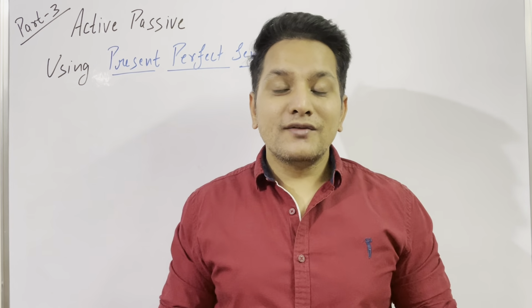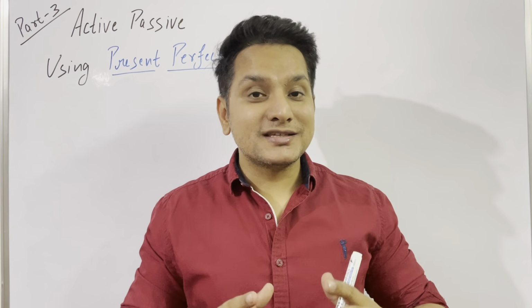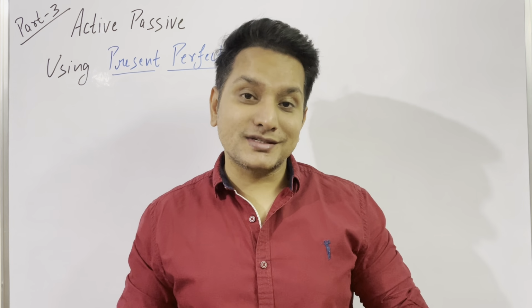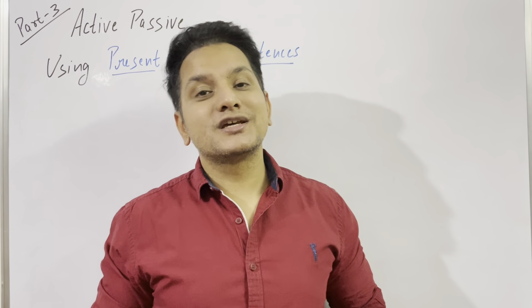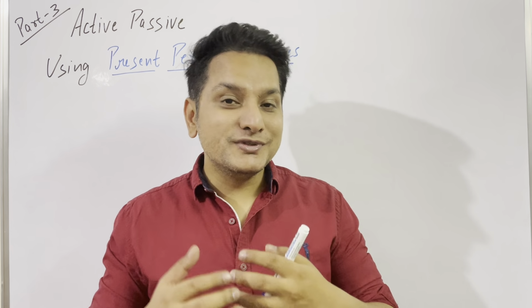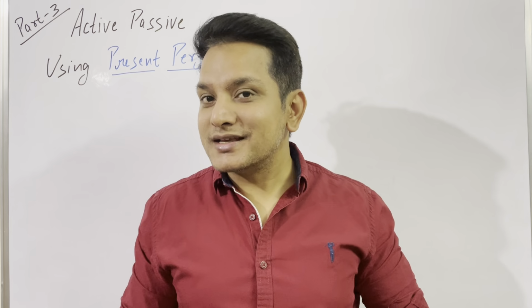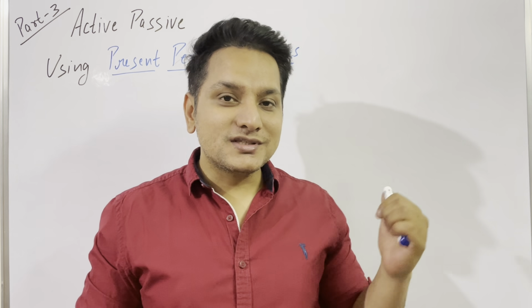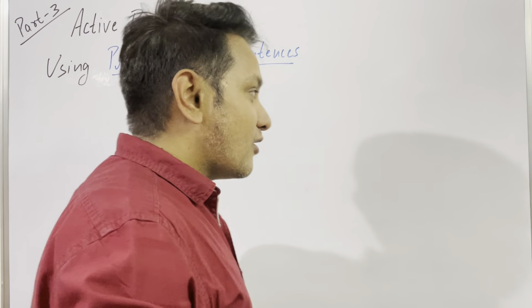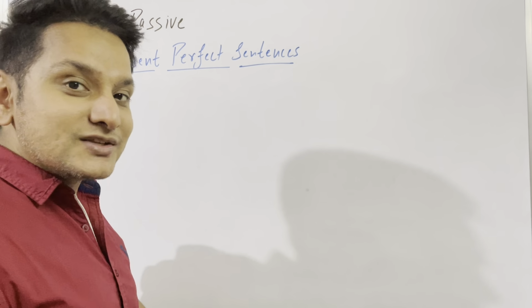So for this one, we need to understand the syntax of a present perfect sentence and how it is written. Then we're going to see how it is converted into passive using a proper syntax, right? So there are a few things which you need to understand, and I'll be telling you once I write the syntax. So let's take a look at how a present perfect sentence is written.